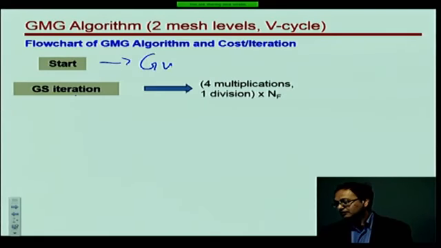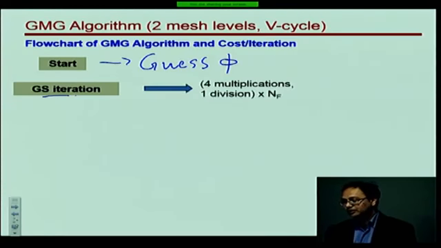You perform one Gauss-Seidel iteration on the fine mesh. Here is an operation count: you have 4 multiplications, 1 division, as you know. You're doing that many operations on that many nodes, approximately. Here's your GMG block now.